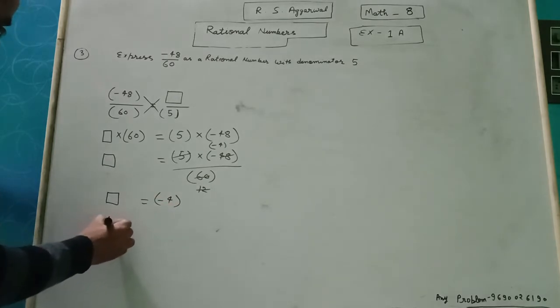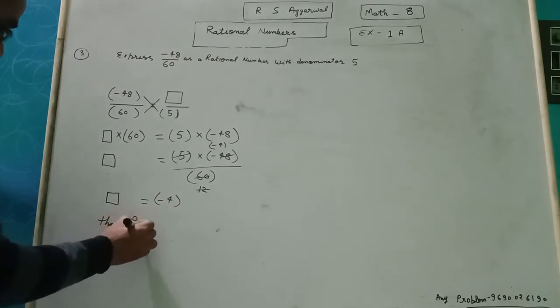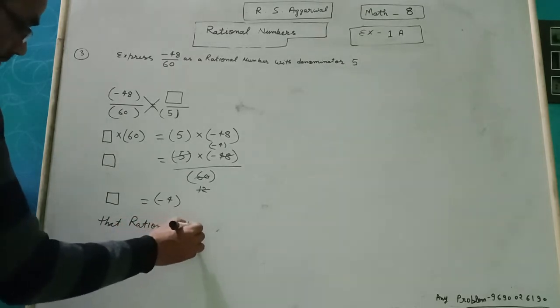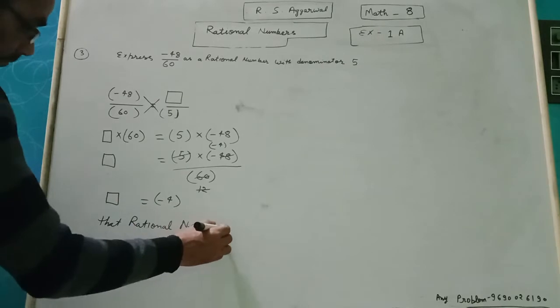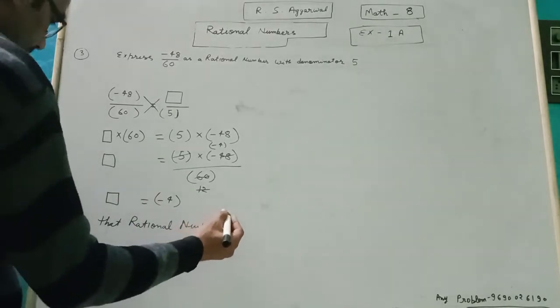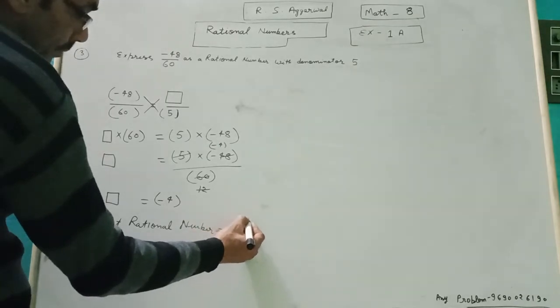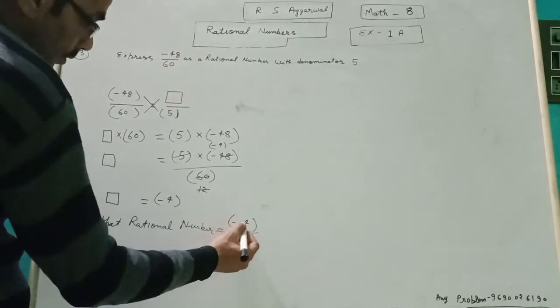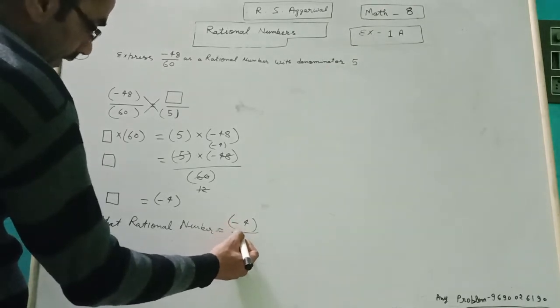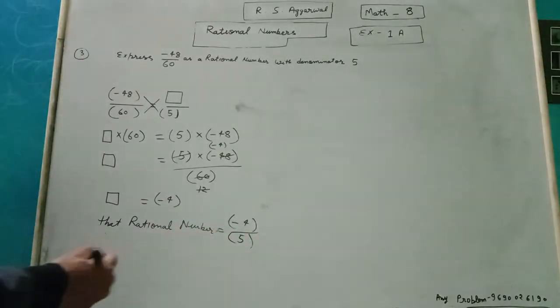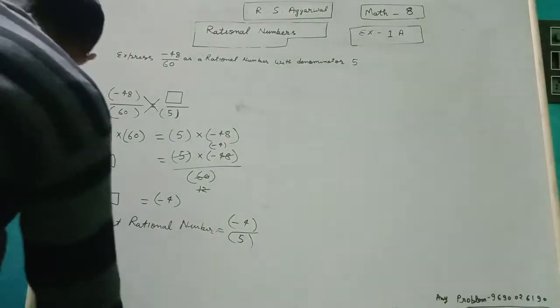That rational number will be minus 4 upon 5, which is question number 3.